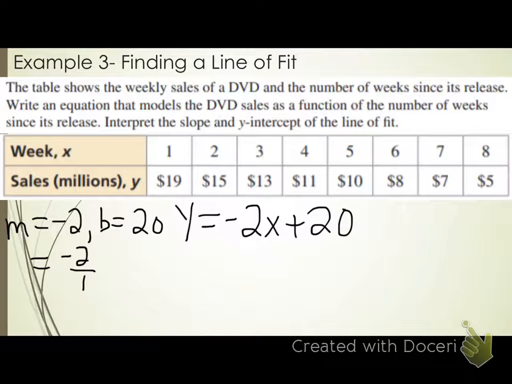Change in y over change in x for this specific situation. Let's think about it. If the numerator is my change in y, so that's sales in millions, and it's a negative 2, is that increasing or decreasing? Decreasing because it's a negative, right? So the sales are decreasing by about $2 million. How often?